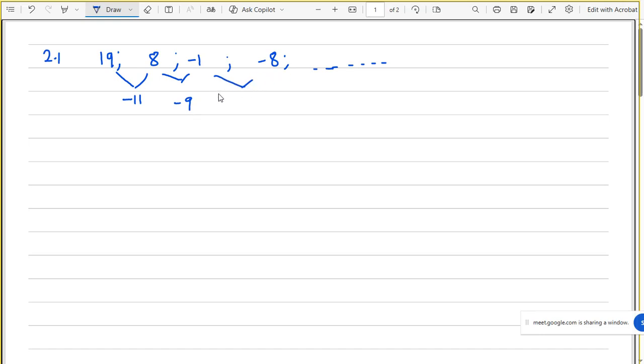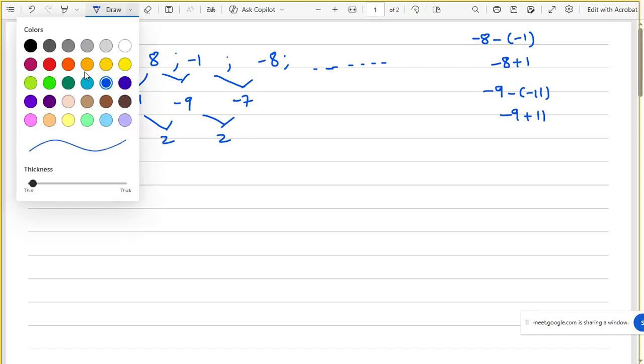Then what is -8 minus -1? It's minus 8 plus 1, which is minus 7. Then I have -9 minus -11, which is -9 plus 11, which gives us 2. So if this is 2, this is also 2, because these are the constant second difference.